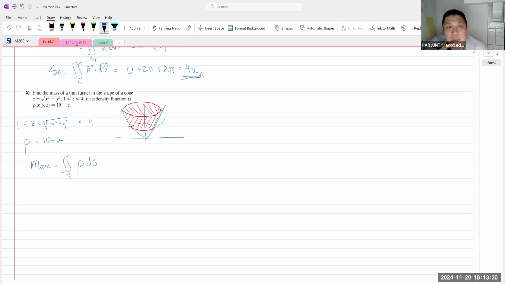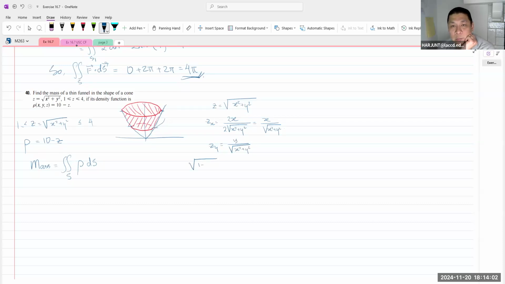So density is easy. But the surface S, z equals square root of x squared plus y squared. So z sub x equals x over square root of x squared plus y squared. Z sub y, similarly.